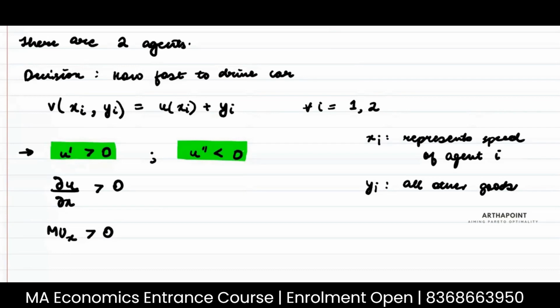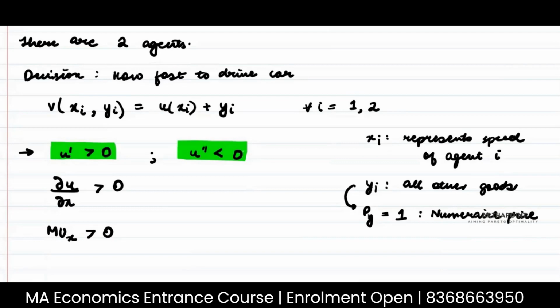Whenever that happens, the price of this yi will always be given as 1. And if the price is not given, you can take it as 1. And we know that when we take price as 1, that is called the numeraire price.